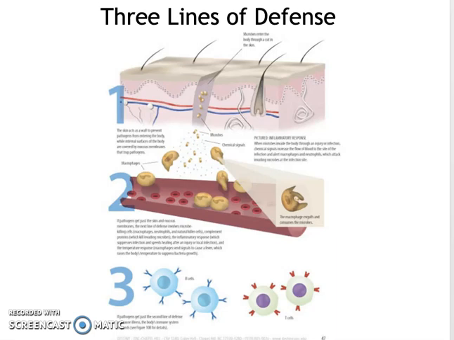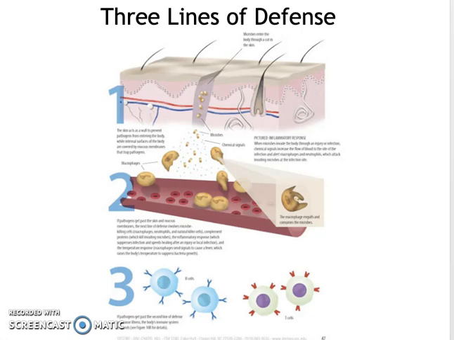These are innate, so you're born with them, and they're nonspecific, so they defend the body against diseases universally. Examples of the first line of defense, or the primary defense, would be physical barriers such as your skin and mucous membranes.